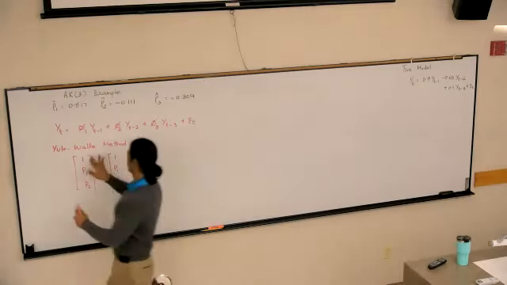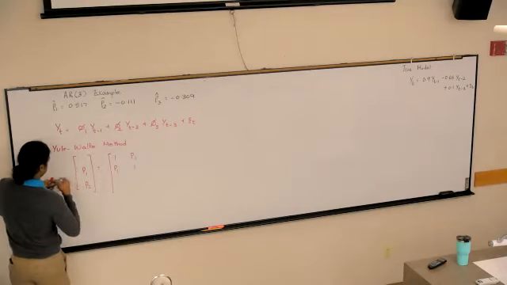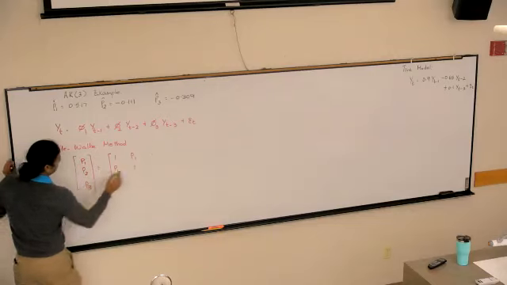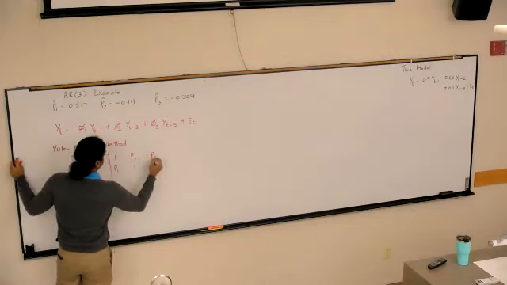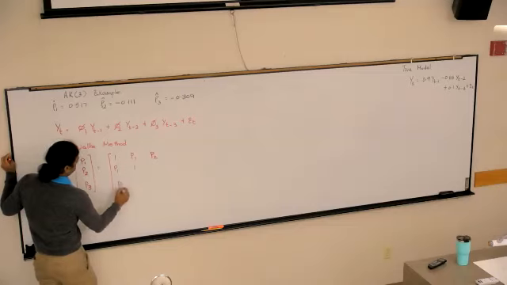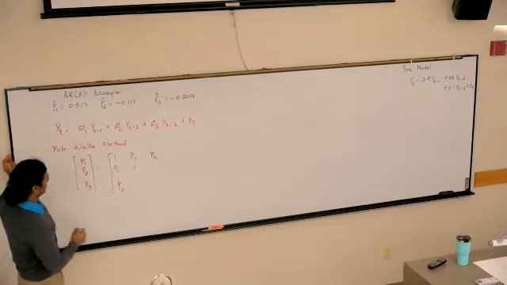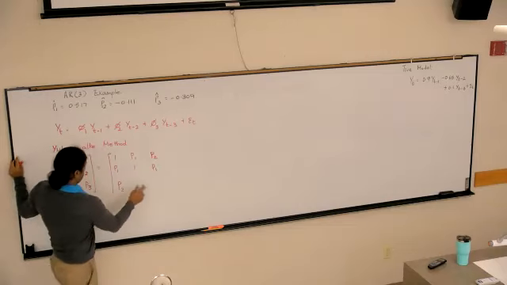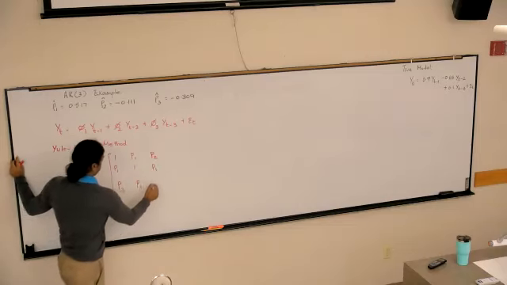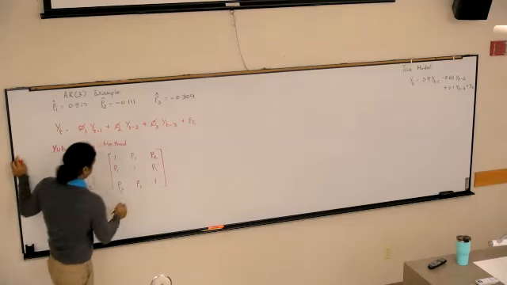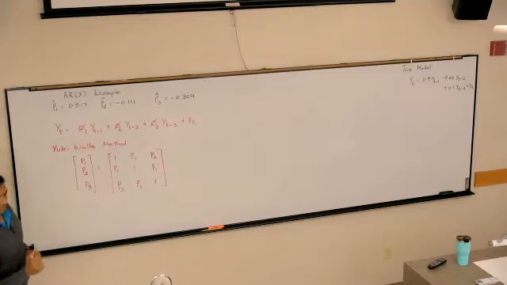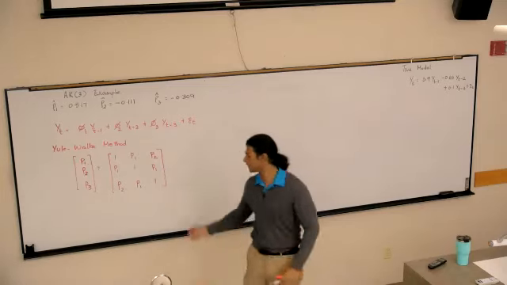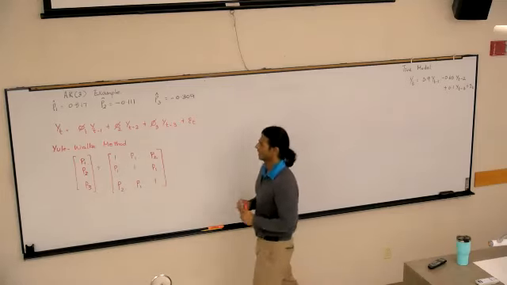So, rho one, rho two, rho three. Am I right? Yeah. So the matrix has to be symmetric, so things just work out.